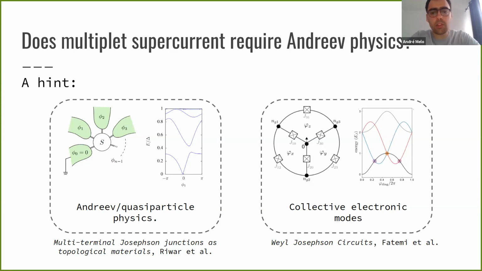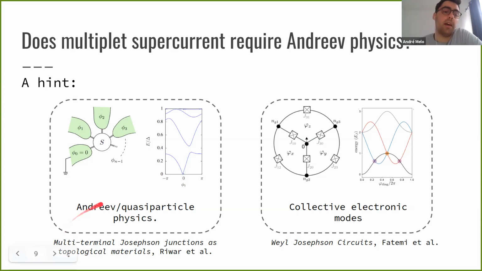And we got started down this line of thinking because of a pair of papers that came out. In 2015, I believe, there was a paper called Multiterminal Josephson Junctions as Topological Materials. The authors had a very nice idea.